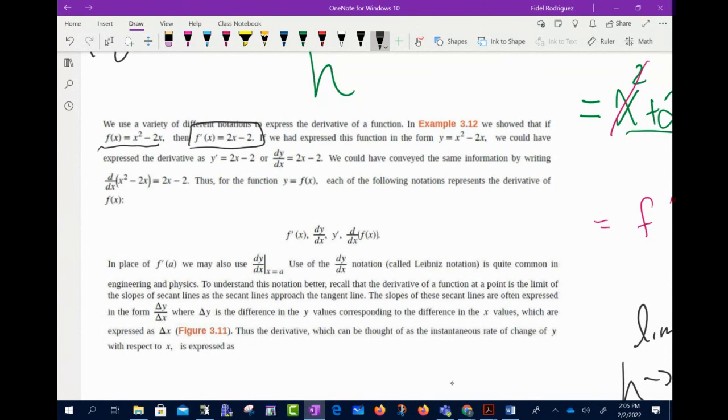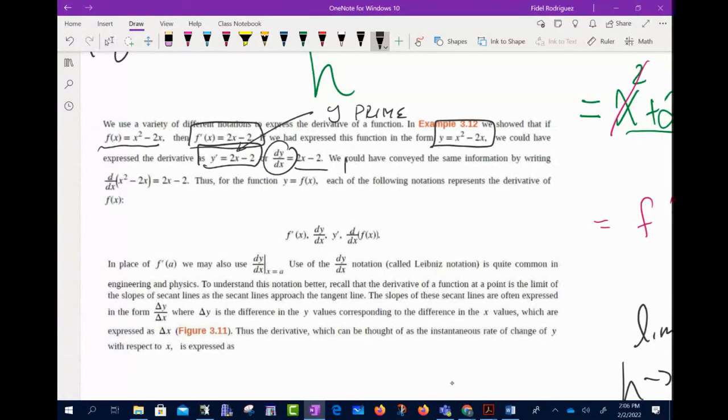Okay, so y'all, if we would have called that equation y equals x squared minus 2x, then we would have said the derivative is y prime, okay? So this right here is y prime. Why? Because it has a little apostrophe on it. You know what I mean?